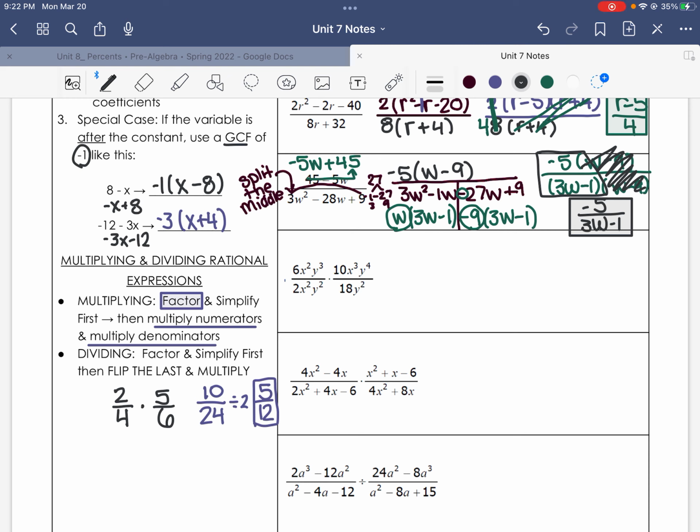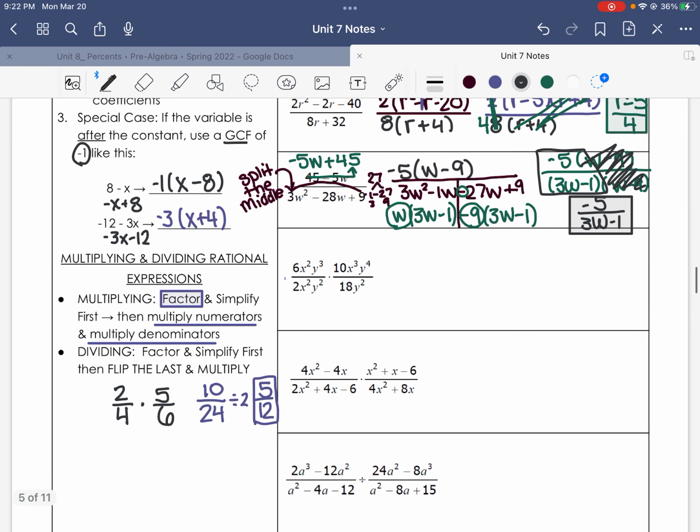So I can't factor the next problem because there's no pluses or minuses, so I just go ahead and multiply. 6 times 10 is 60. X to the third and x to the second make x to the fifth, because you add those exponents. And x cubed and y cubed and y to the fourth makes y to the seventh.